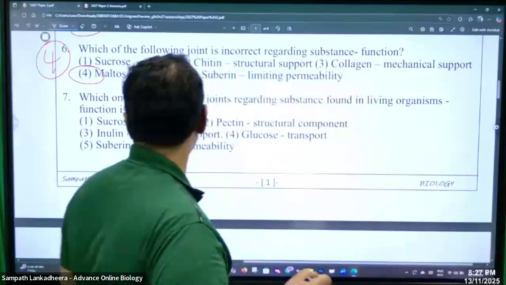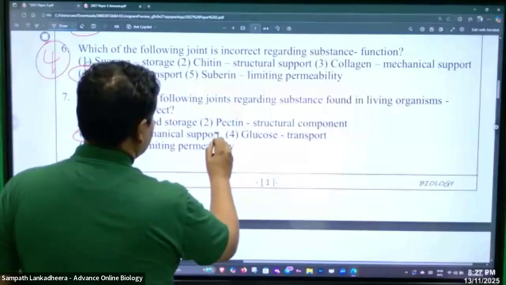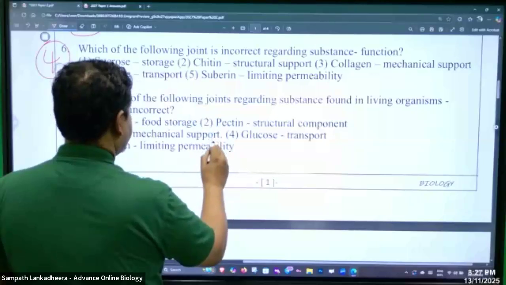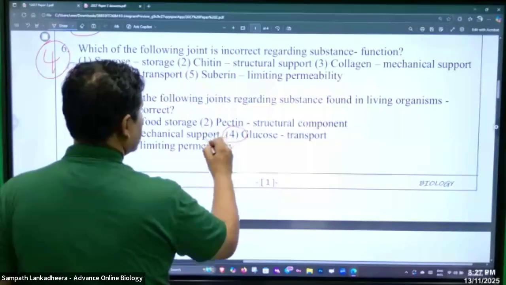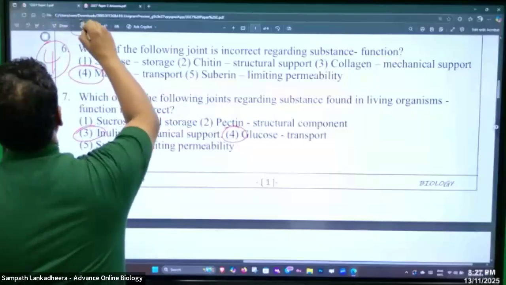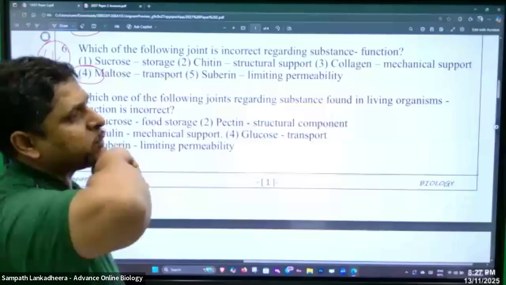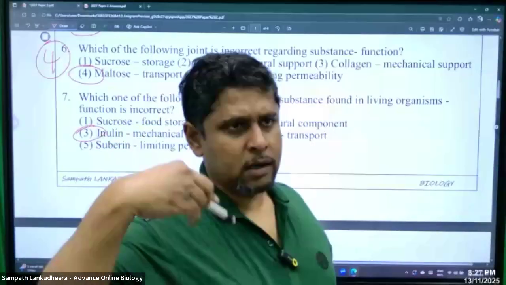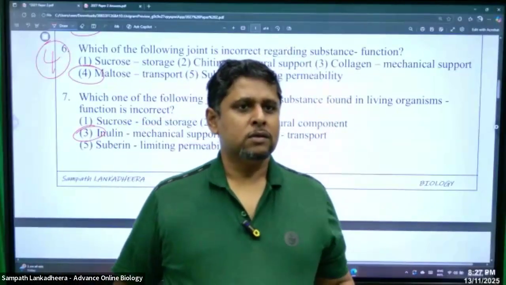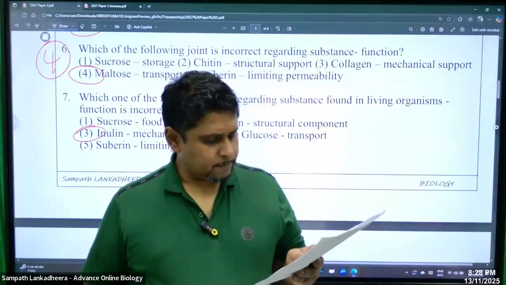So we have two answers there. Inulin mechanical support is wrong, and glucose transport as well. But how about glucose transport in the animal's body? Your blood glucose circulates. So glucose is circulated. So I think the best answer then is the third one.